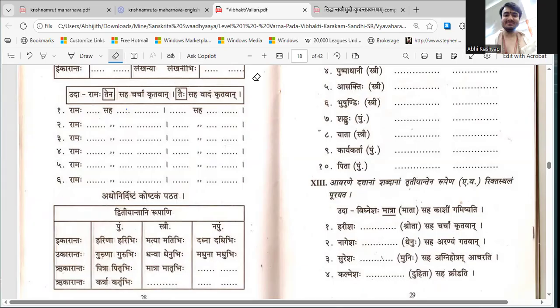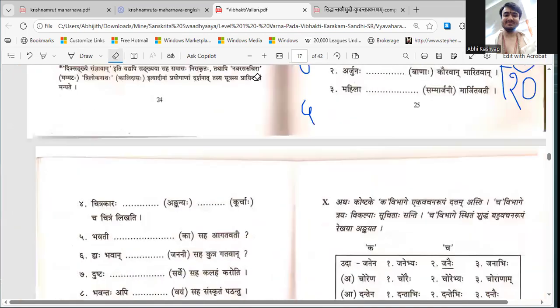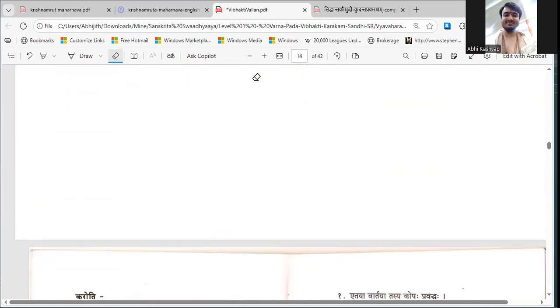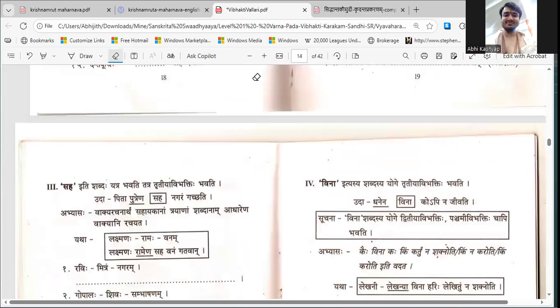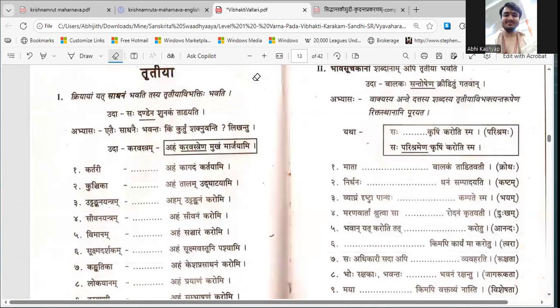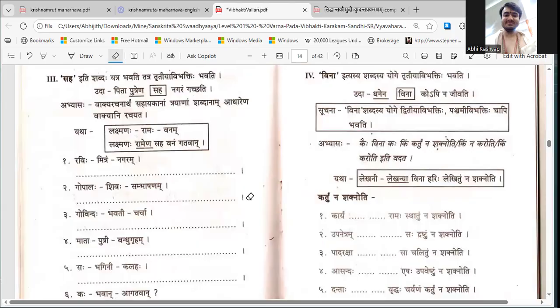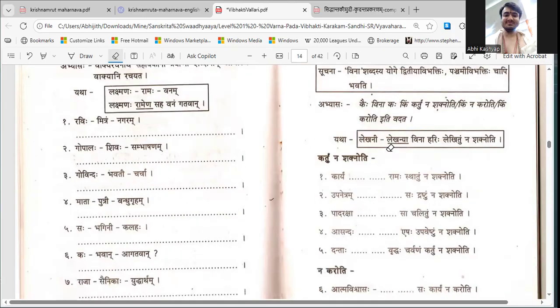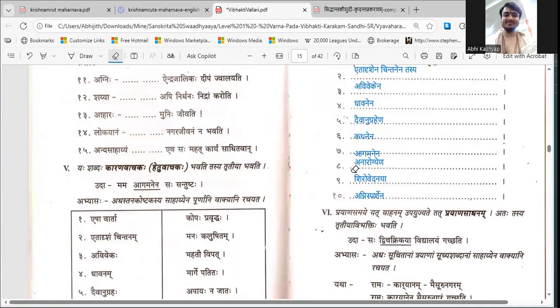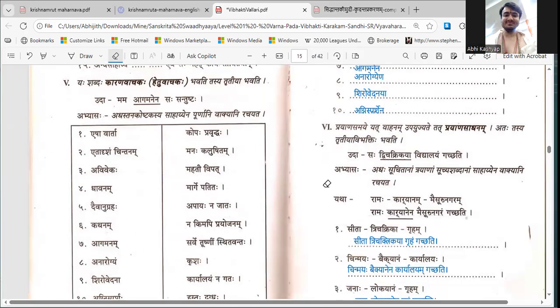If you say Karana, then you have to give the example that is given in the starting. Then Sadhana, you have to give that example. And then Bhava Suchaka Padana, one example. Then Saha, give an example. Then Vina, example. Then Karanavachaka, example. Then Prayana Sadhanam.